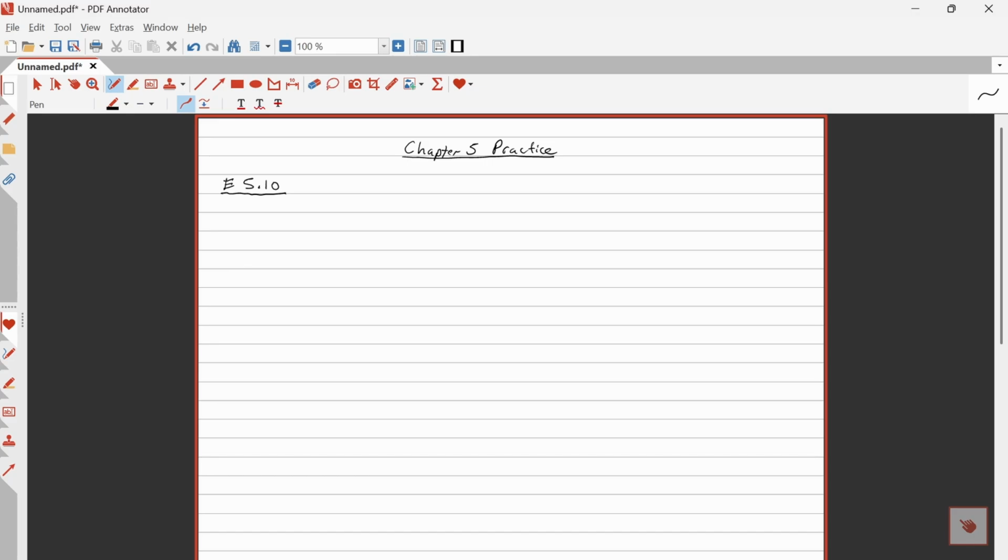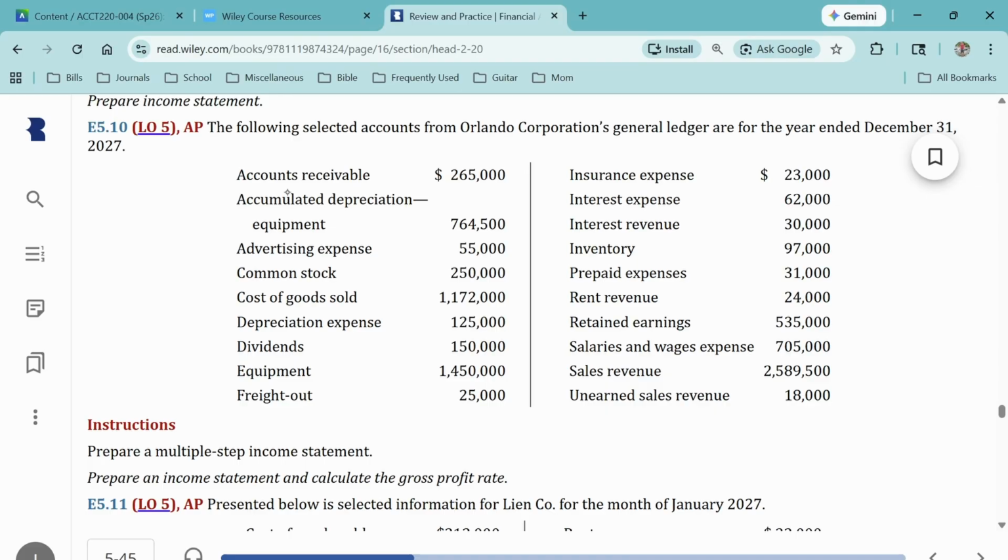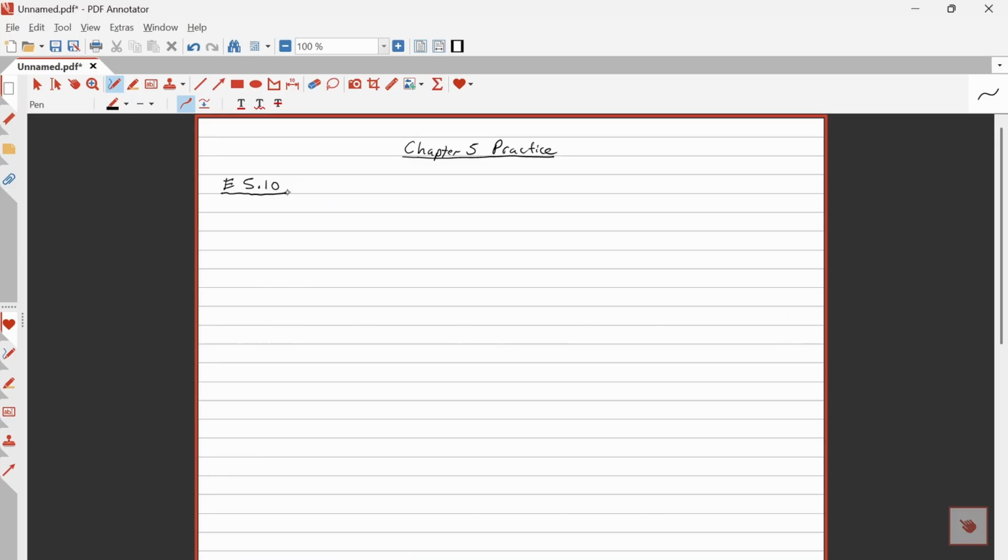So the multi-step income statement has a sales section. So in good form, we would put name of company, name of statement, and then for the year ended.